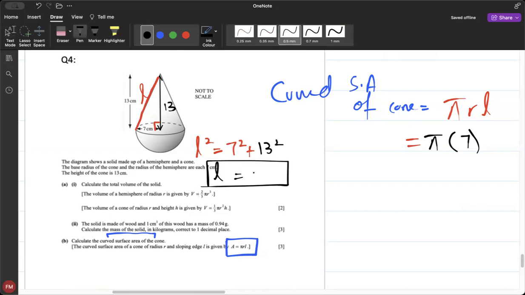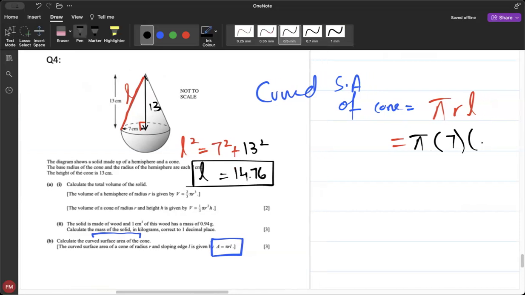I solve this in my calculator. I end up getting 218, square root of 218 point something, which is 14.76. Now I can just plug that in, 14.76. Again, try to use the precise value, times pi, times 7.